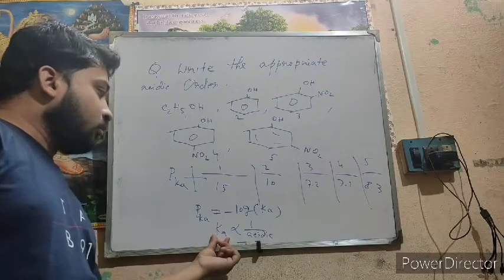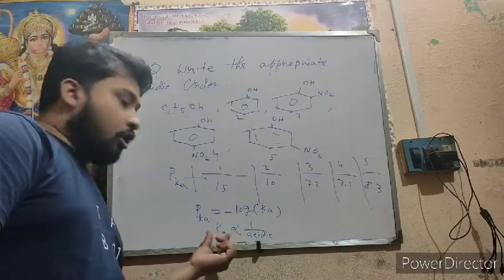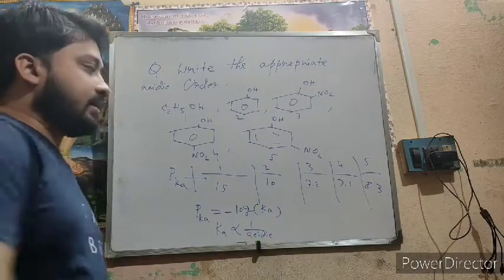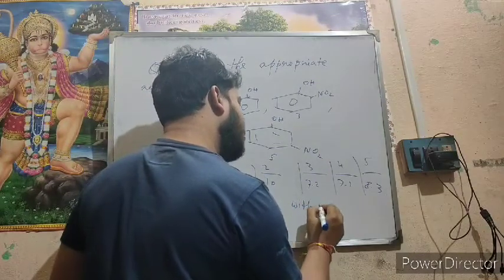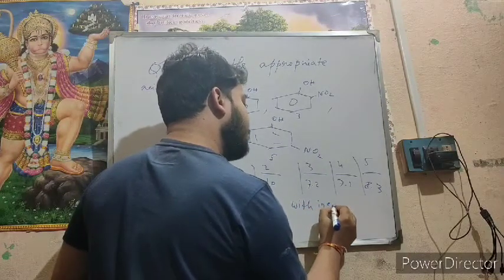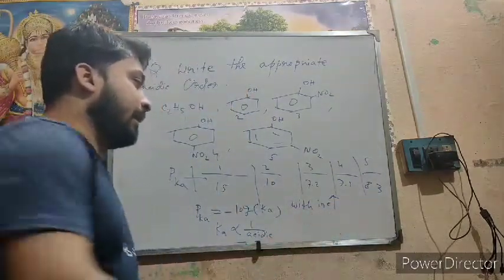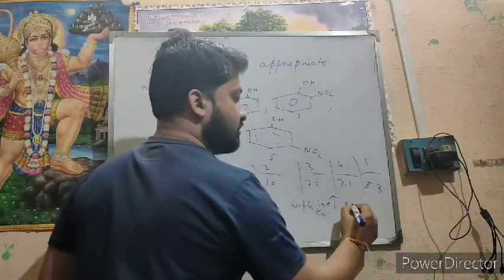With increasing value of Ka, acidic nature decreases.